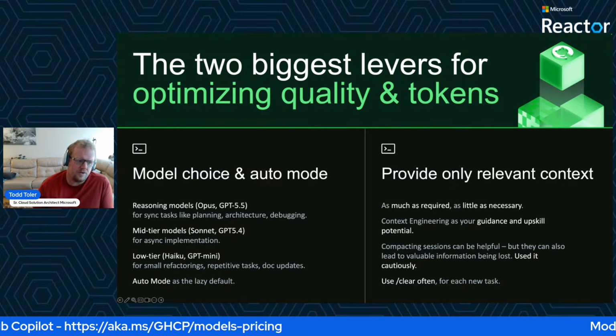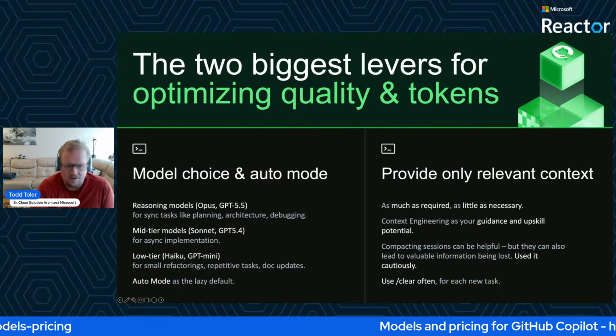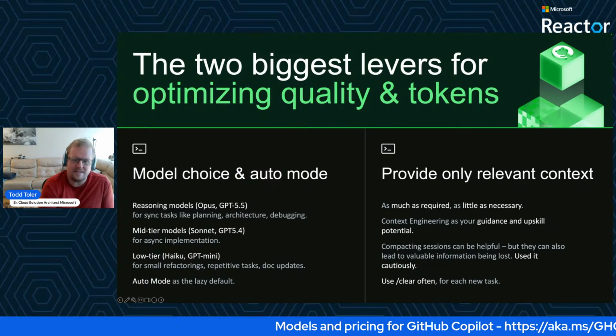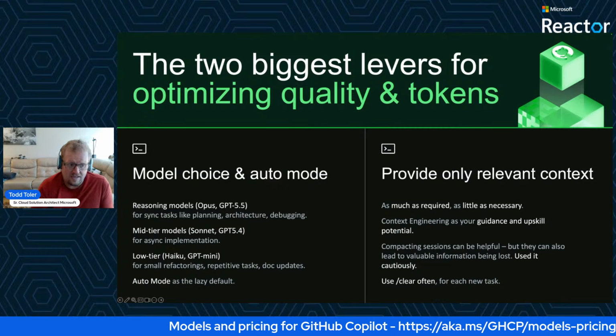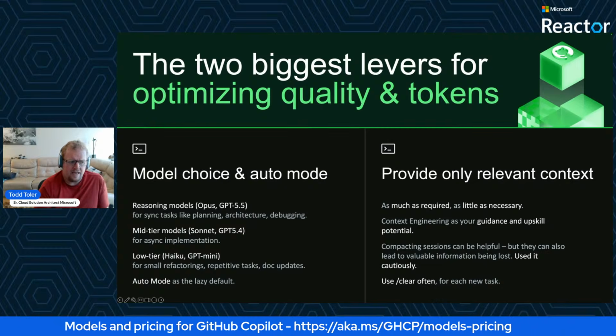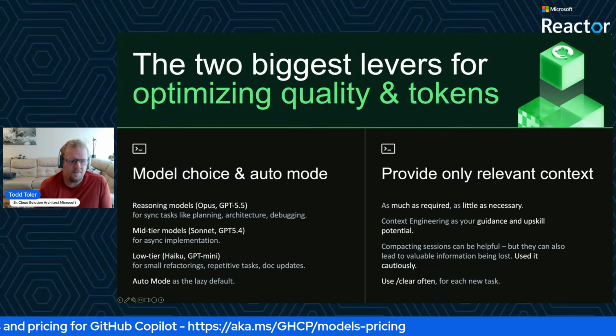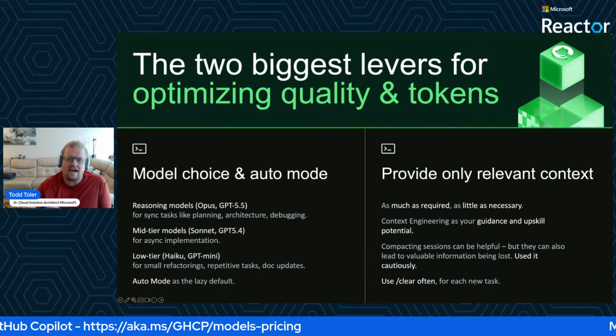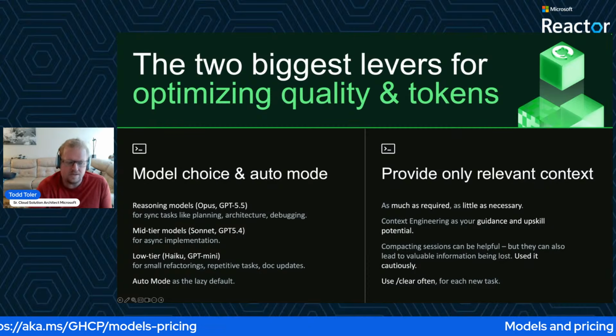Lever 2 is to provide only the relevant context. Don't stuff the prompt with, I might need this information, I might need that. Let the agent discover what it needs; it can find files and things on its own. You don't want to attach the entire project or add the whole code base for a small change.